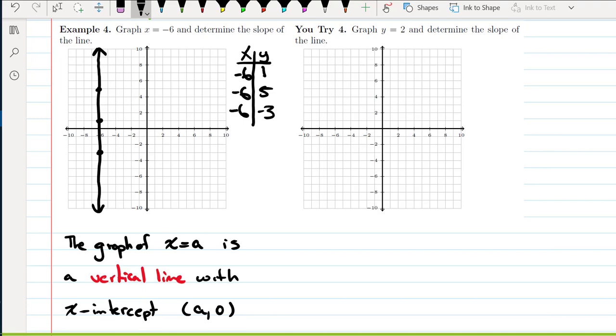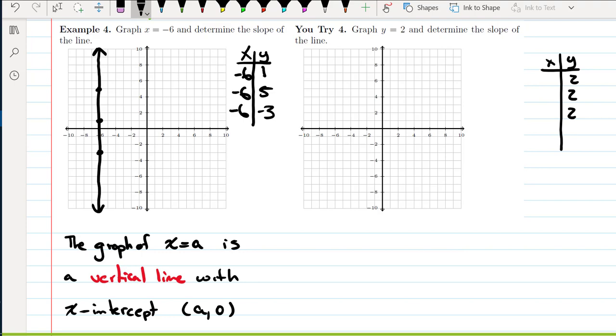All right, I'm not going to break us into rooms, but I do want you to try to plot a couple of points on you try number 4 really quick. So go ahead and graph a couple of points, but this time we have y equals 2. So if we were to make our table of values this time, we have our x, y, but since our equation is y equals 2, the only thing we're allowed to have for y is 2.